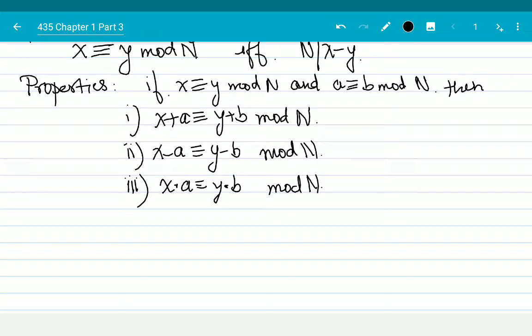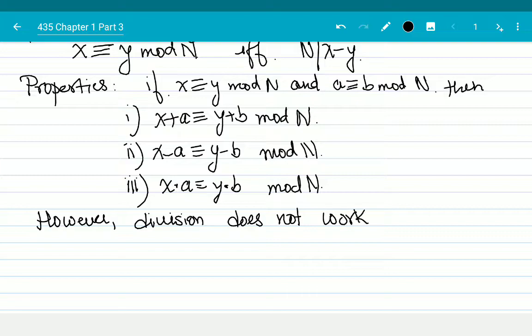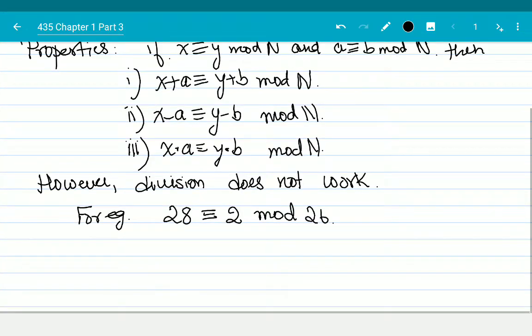And this is true. However, note, division does not work. For example, 28 is congruent to 2 mod 26, right?